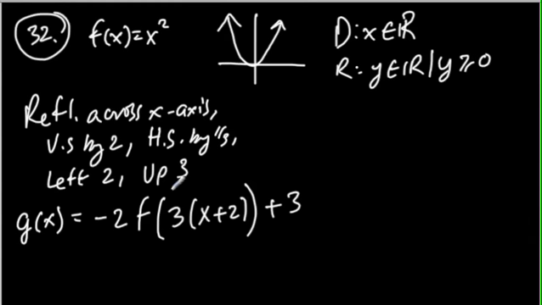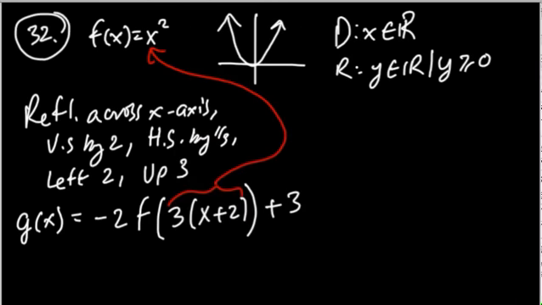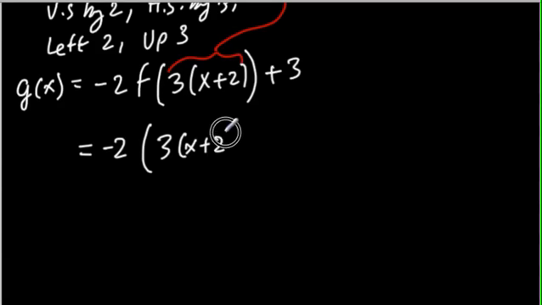And so recall that all we're doing is taking this argument here and subbing it in right there. So it's simply going to be equal to -2 times (3x plus 2) squared, because that's the original function x squared, plus 3.